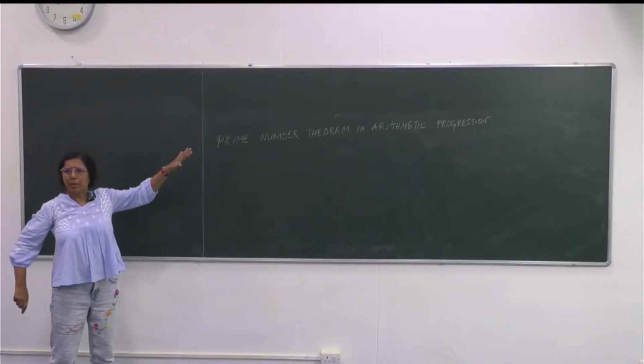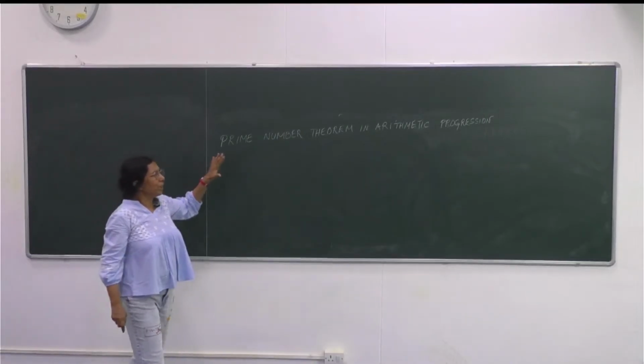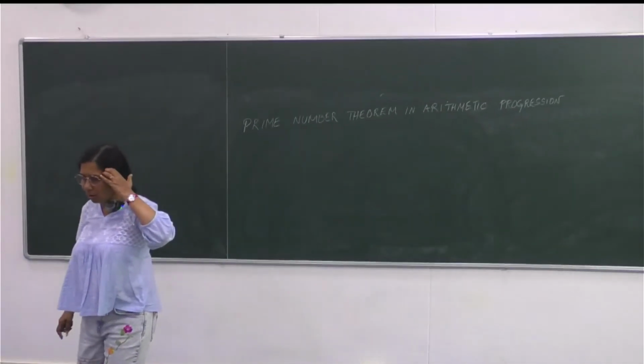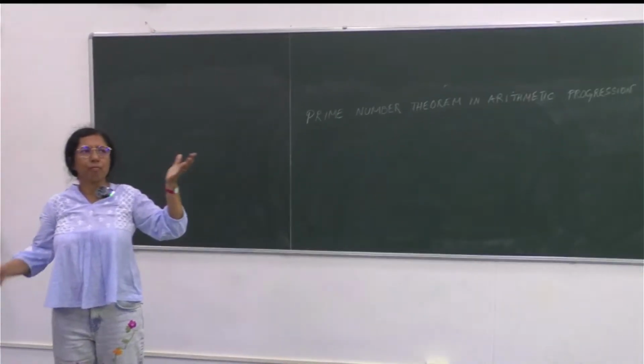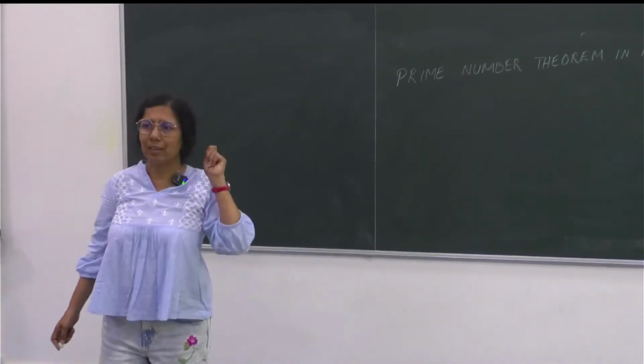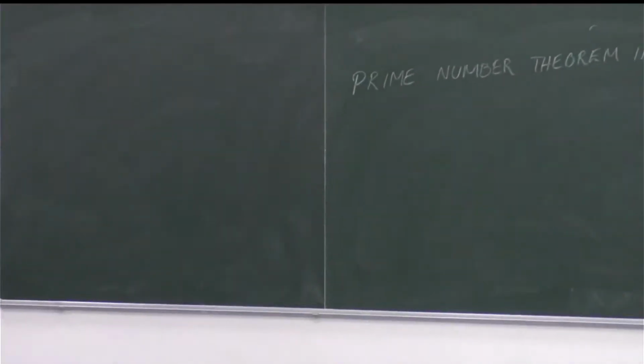So what's going to happen now is that the primes are not going to be all primes, but primes which depend on a modulus condition. So now you can guess that the zeta function will be replaced by an L function.